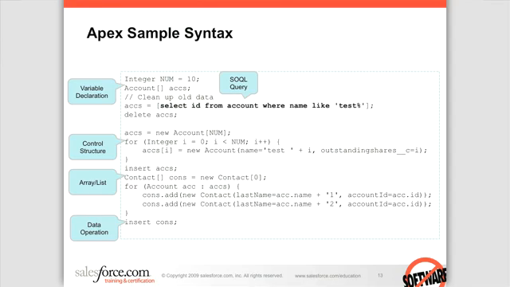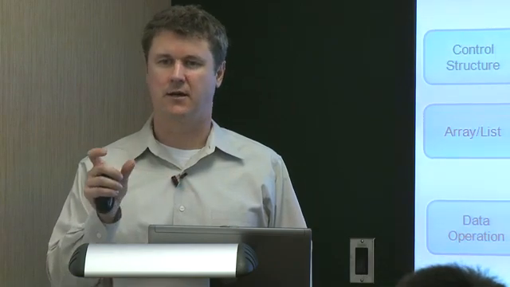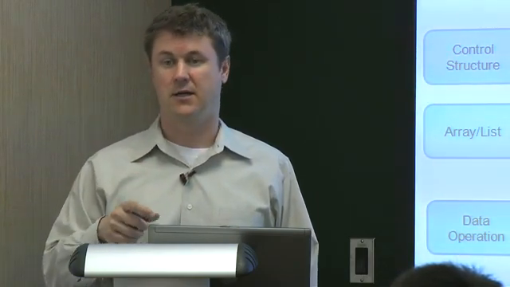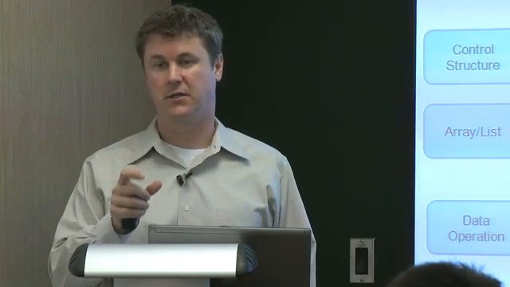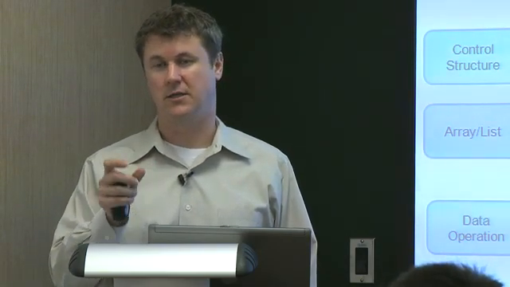If we had a single contact, we could say something dot, much in the same way as with an object with a variable in it, an sObject, one of our Salesforce objects, custom or standard, we could do the assignment of a field to a value.